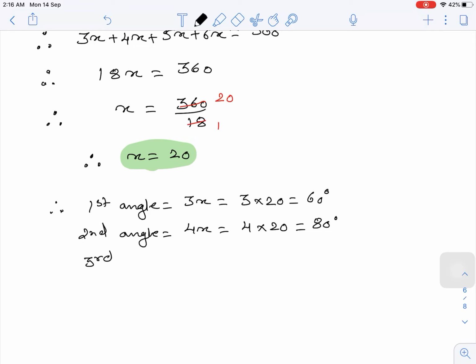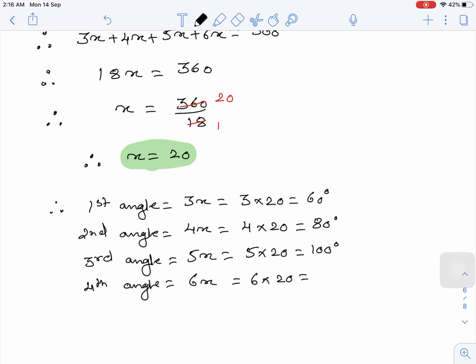Then our third angle equals 5x, so that equals 5 into 20 equals 100 degrees. And our fourth angle is equal to 6x, so that equals 6 into 20 equals 120 degrees.